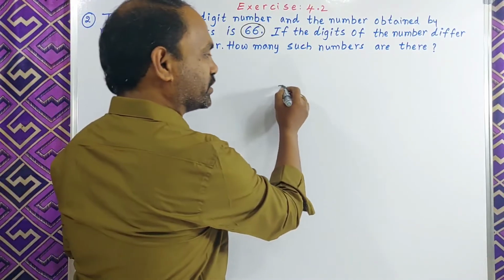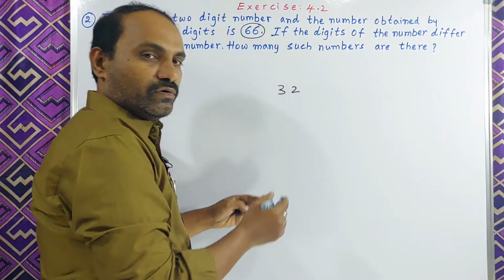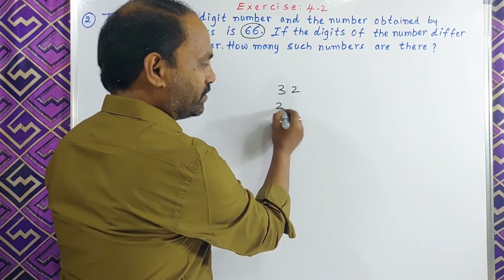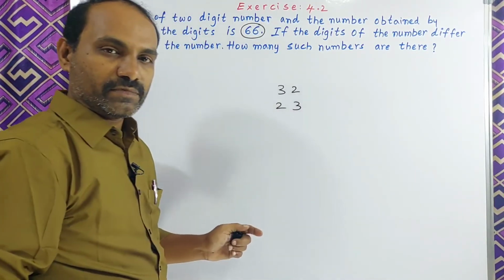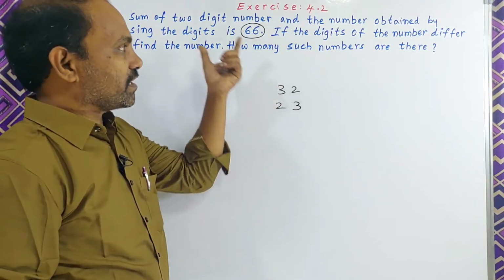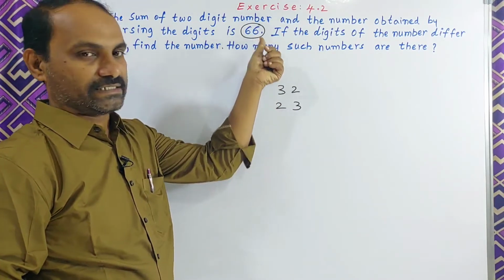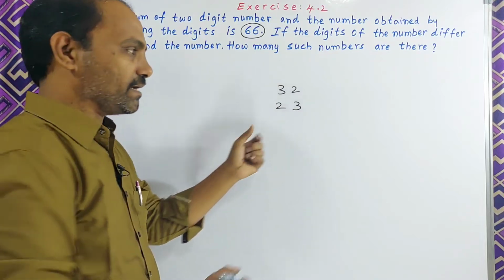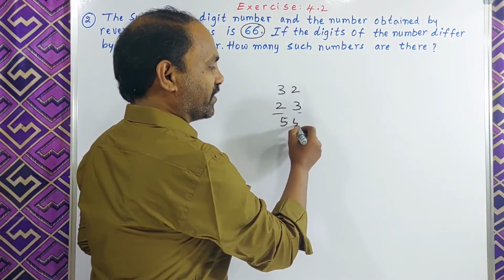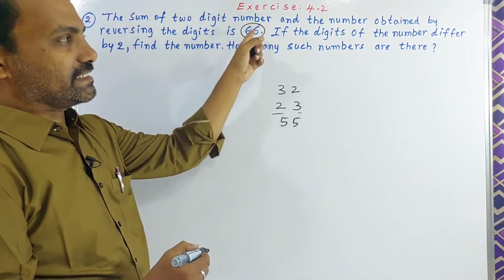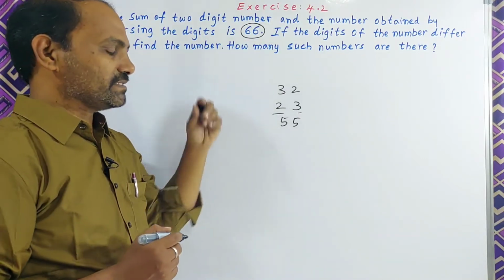For example, 32 is there. When you reverse the digits, you will get 23. Like this. The sum of these two numbers in this example is 55, but here 66 is given. This sum is 66.